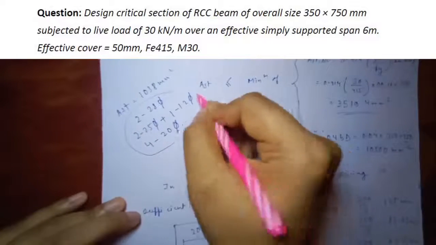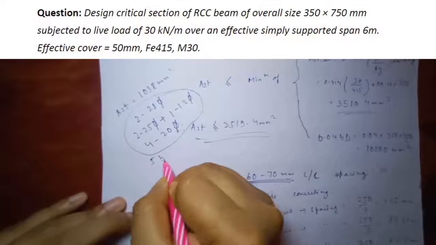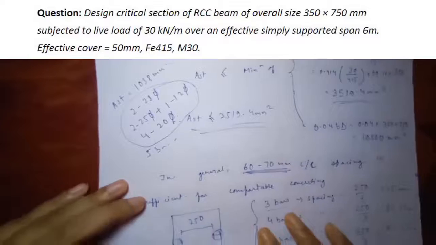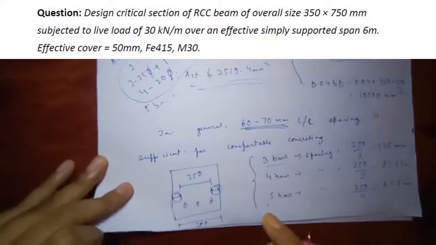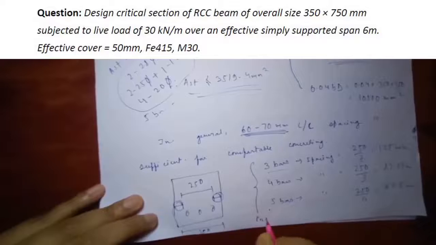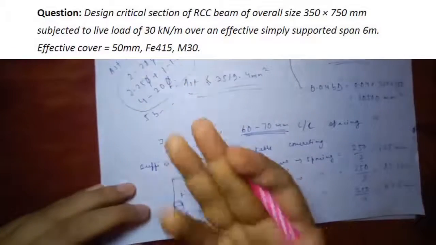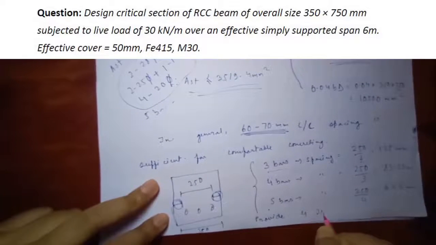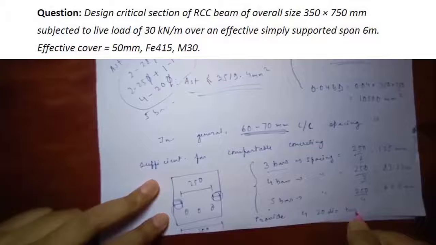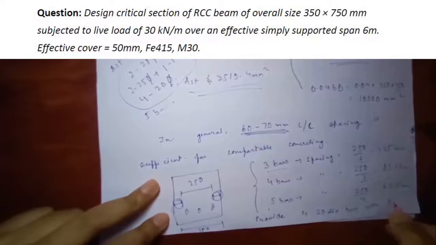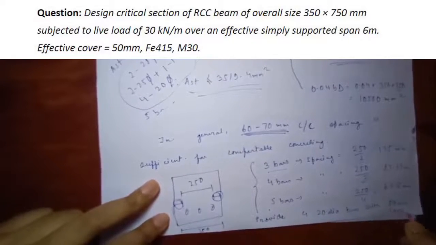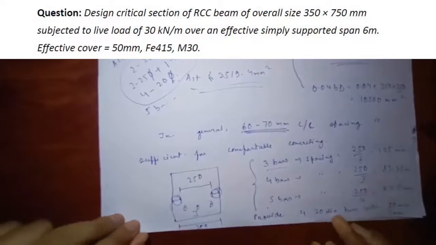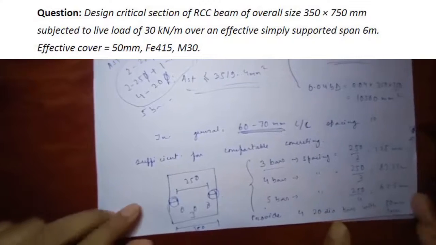You can also use 5 bars like 2 of 20 dia or 3 of 16 dia. So the next step will be providing this, and you will write one sentence like provide. I have these 4 options, I can write any of these. So I'll provide 4 of 20 dia bars with 50 mm cover. 50 mm will be my nominal cover.